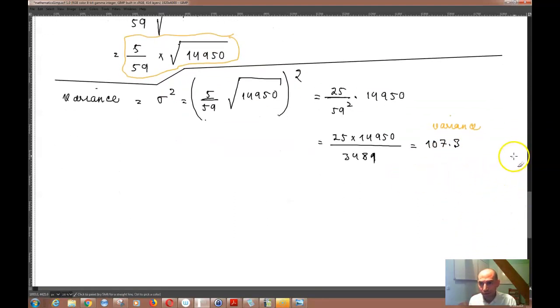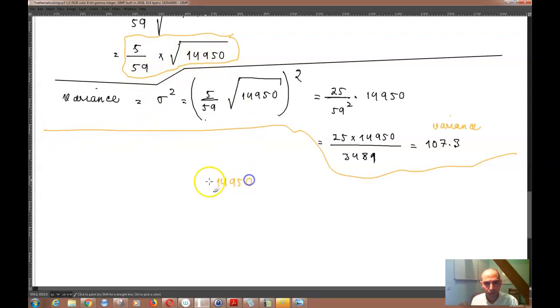Now for your standard deviation, what you want to do is 5/59 times the square root of 14,950. So 14,950, take the square root of that. You want to group your numbers from the ones place in groups of 2 digits, and you will get something like this.